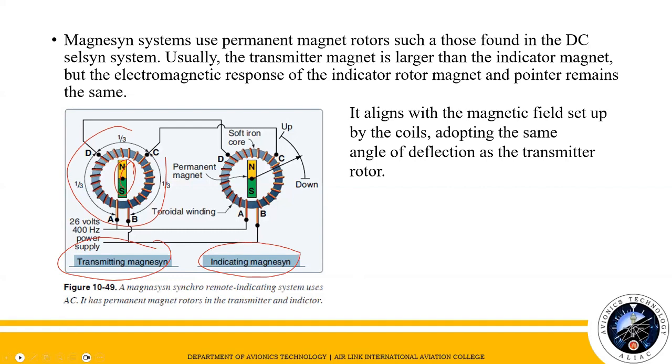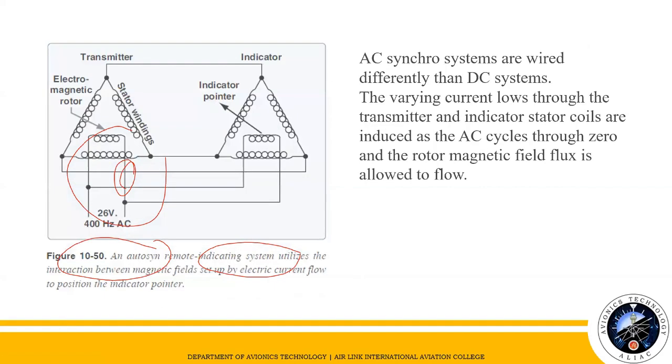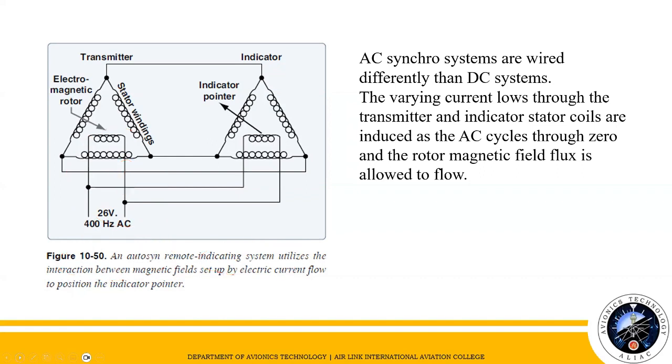So, katulad ng permanent magnet, an electromagnet aligns with the direction of the magnetic field created by the current flowing through the stator coils in the indicator. So, yung indicator pointer position mirrors the transmitter rotor position. Yan. Same lang din. Okay? Pag gumalaw si transmitter, same kay indicator.